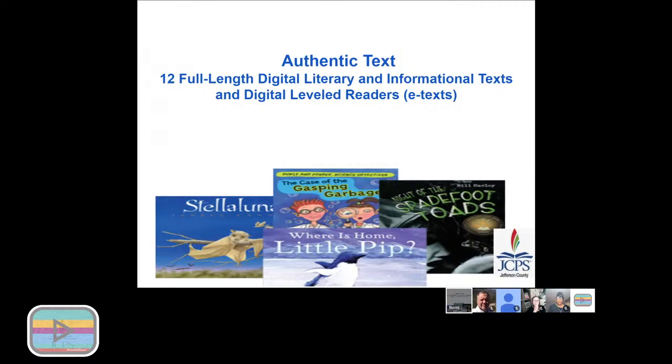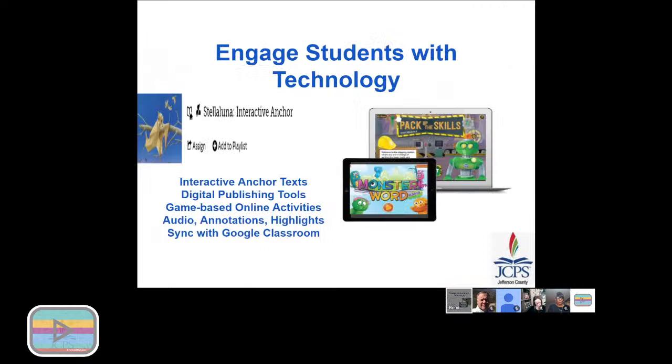In addition to that, they have digital level readers or e-text. There are 60 at each grade level, of which some can be easily paired, which we have done with your JCPS curriculum frameworks. During remote learning opportunities, we are hoping to engage students with technology. The Savvas Realize platform will enable you to do that.